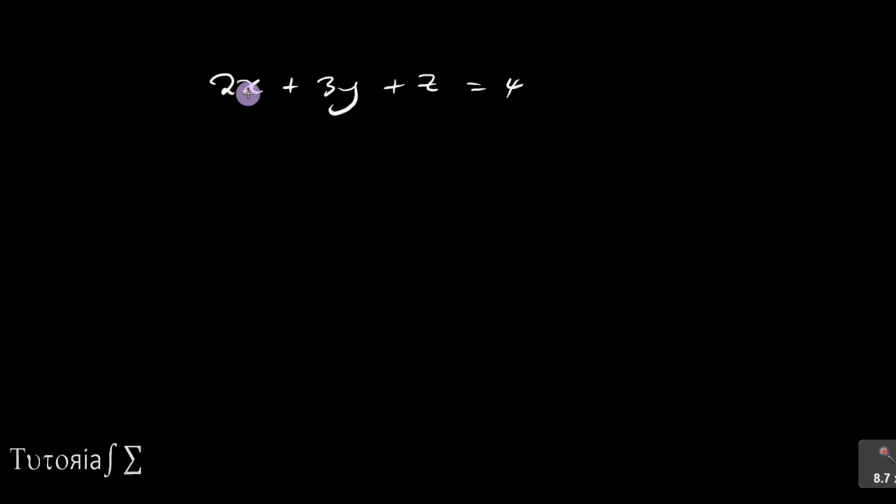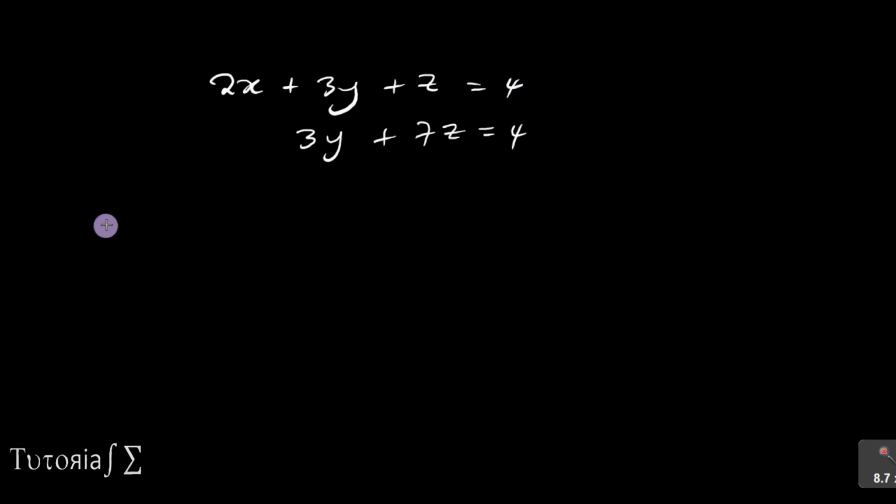Okay? And basically, if we have two, let's say 3y plus 7z equals 4, this becomes a system of equations. And we can solve for x, y, and z for this system of equations by different methods.